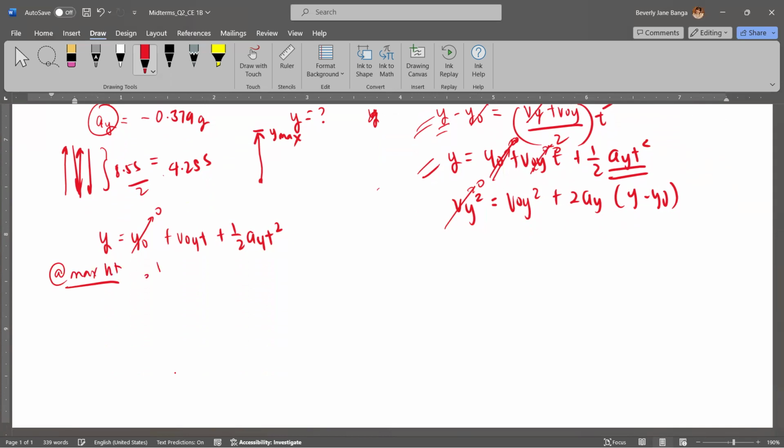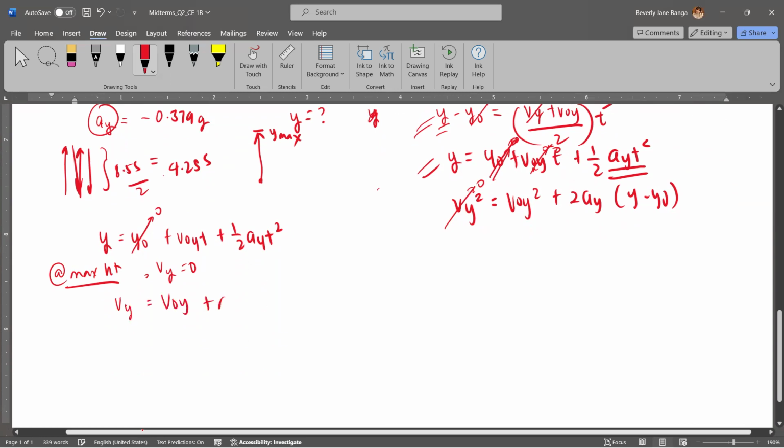So, again, para makuha ko itong si voy, mag-a-assume ako ng at maximum height scenario. So, at maximum height, alam ko vy is 0. So, ano ba yung equation na may vy, voy, tsaka time? First equation yun. vy is equal to voy plus ayt. So, katulad kanina, no? vy is 0 and voy is again negative ayt. Ang ay ko is negative of negative 0.379 g times, yung time ko ay kalahati lang, one way. So, 4.25 seconds.